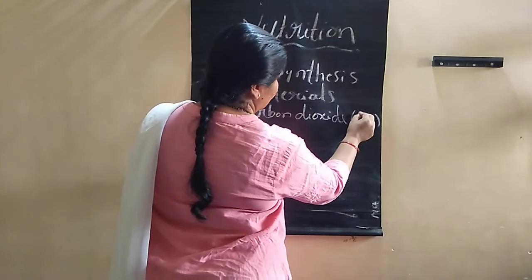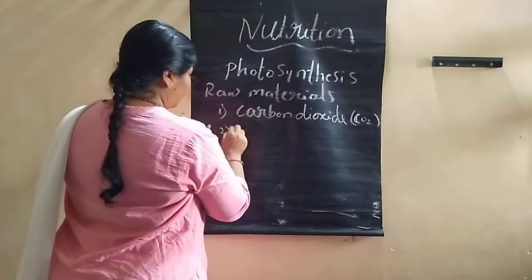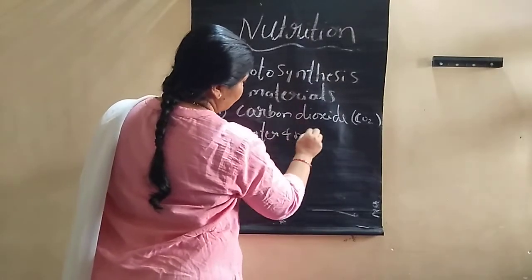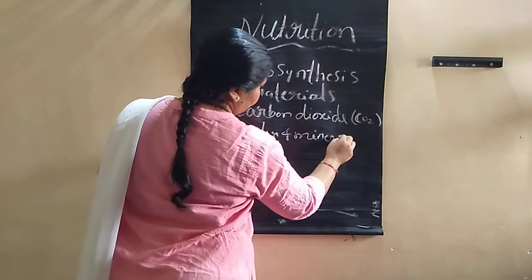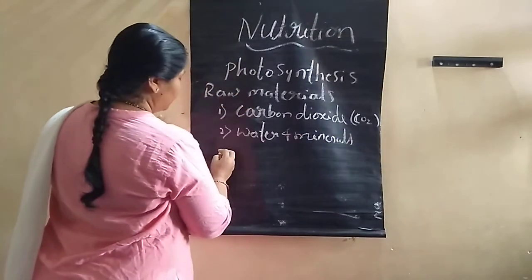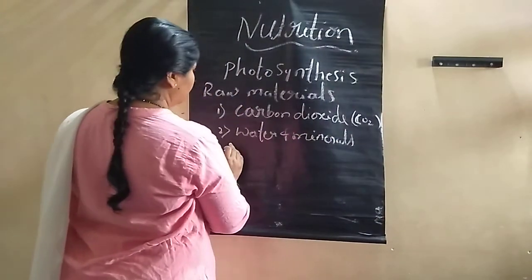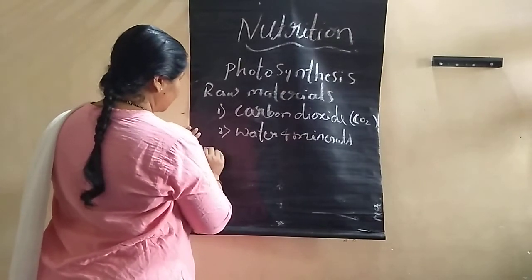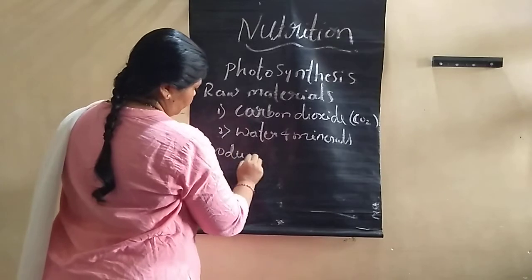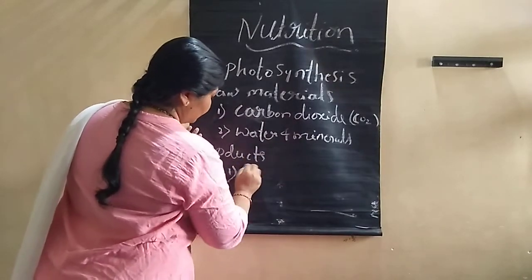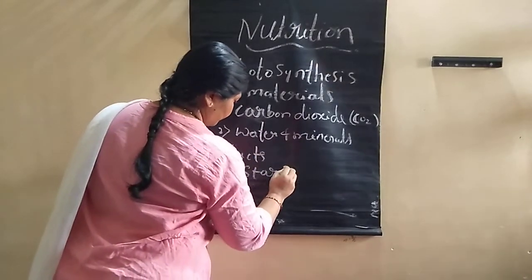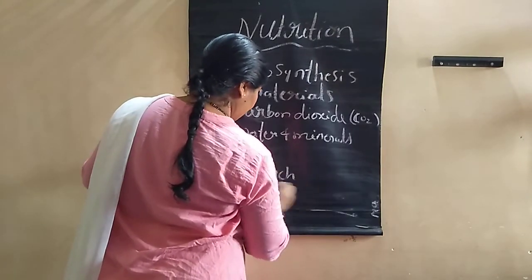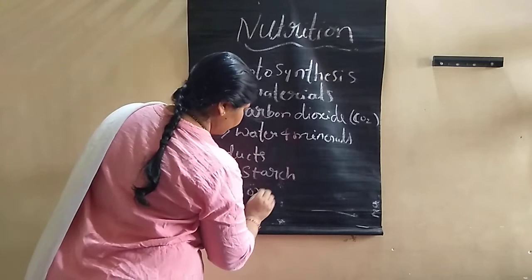CO2, water and minerals, and these are the raw materials too, and in the presence of sunlight, and products, starch, and second one oxygen.